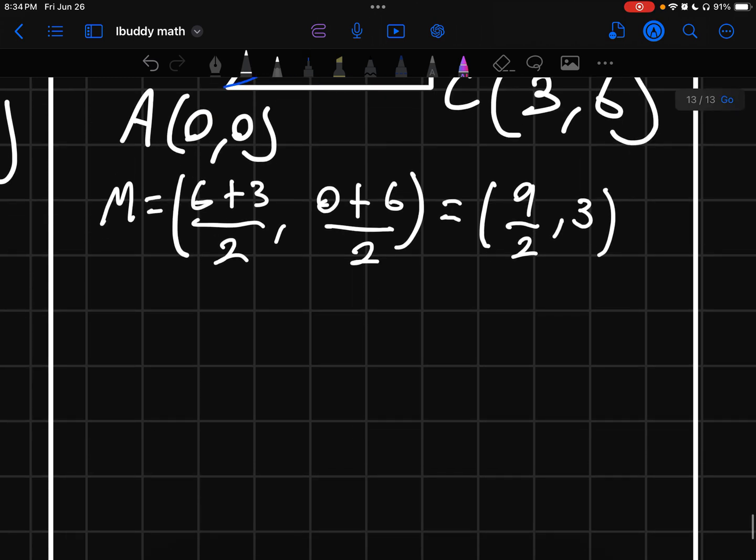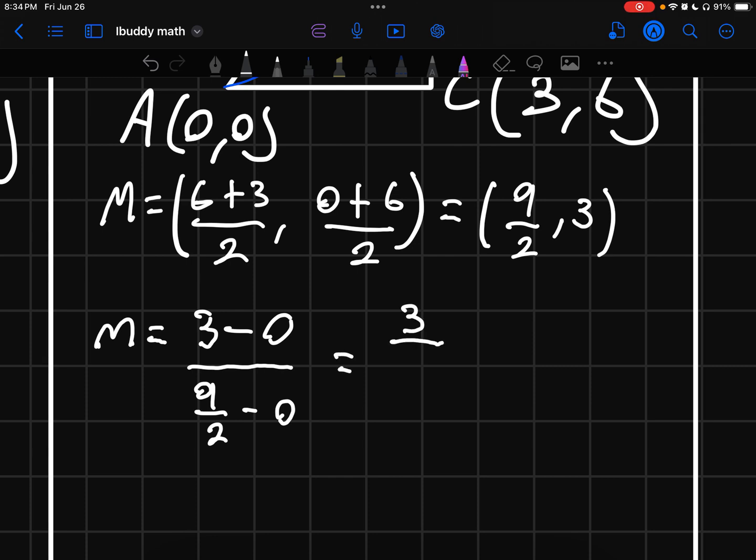That would be 3 minus 0 over 9/2 minus 0. And that is 3 over 9/2, which can be simplified into 2/3.